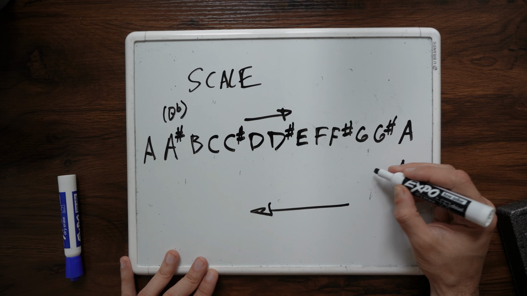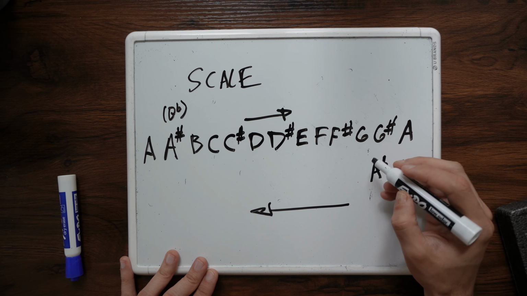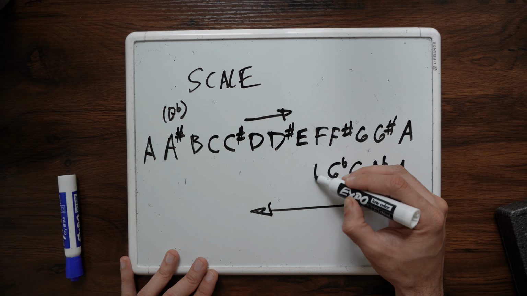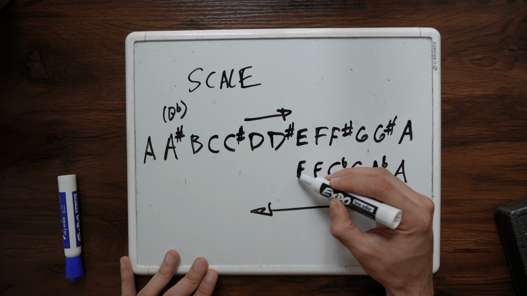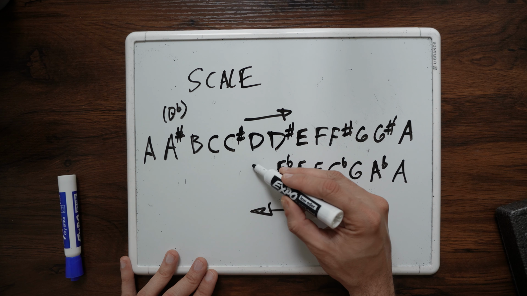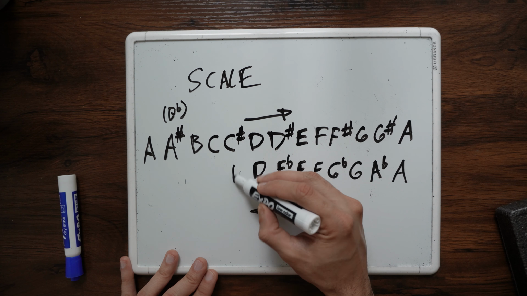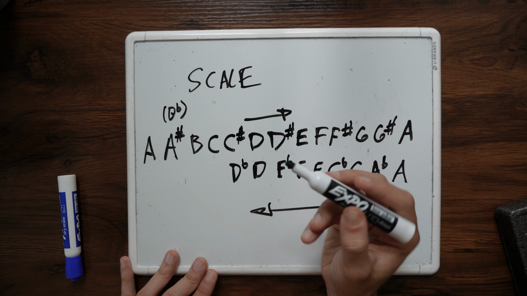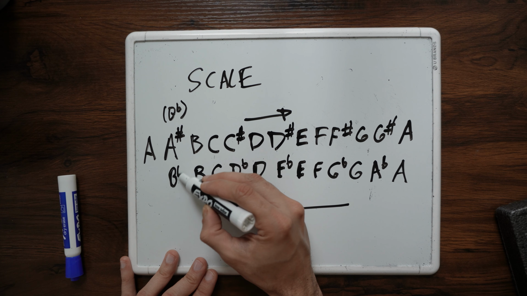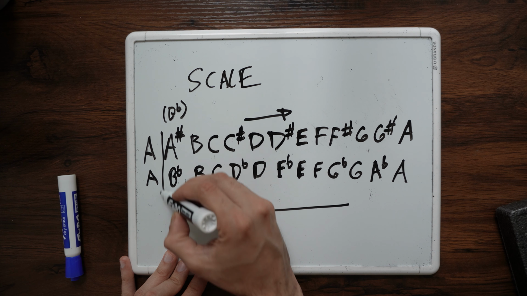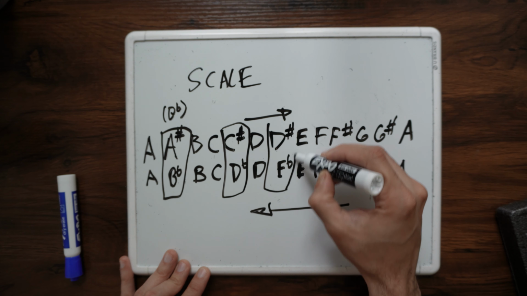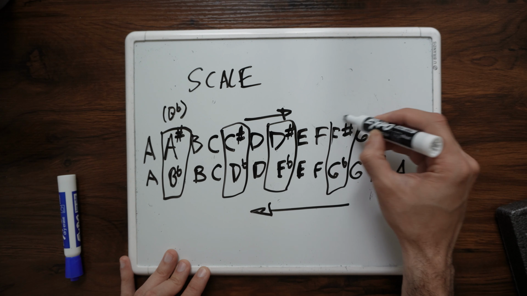So from A, we go to A flat, G, let's go to G flat, F, E, we get to E flat, then we're in D flat, trying to line it up, C, B flat, A. You can see our enharmonic notes here. One sound, two different names for that same sound.